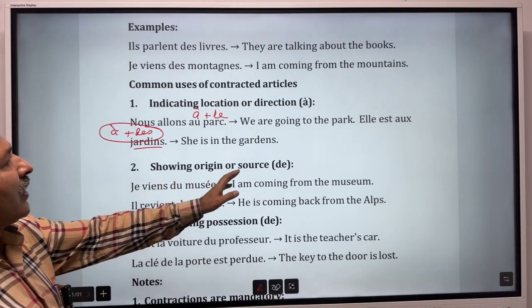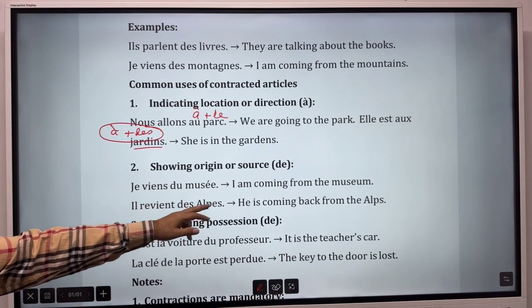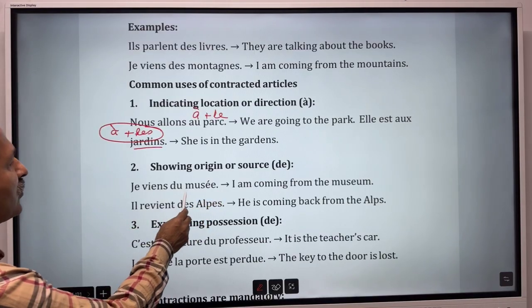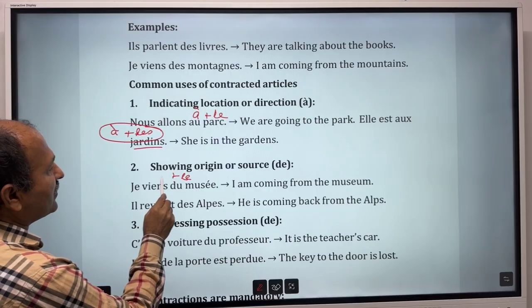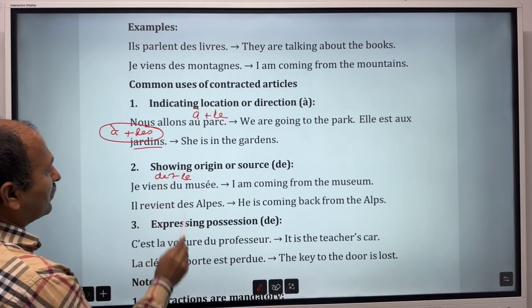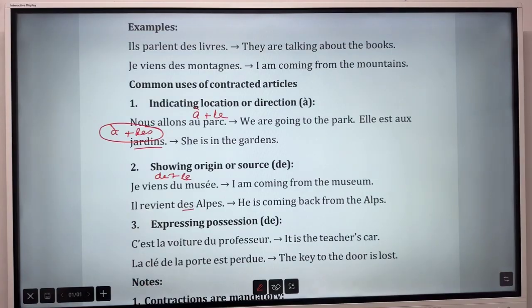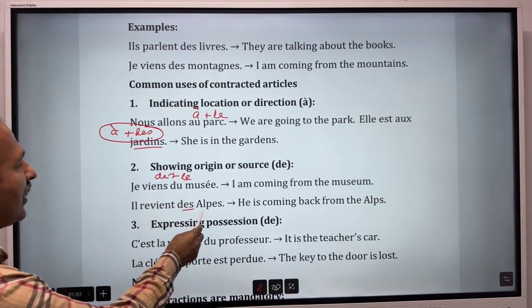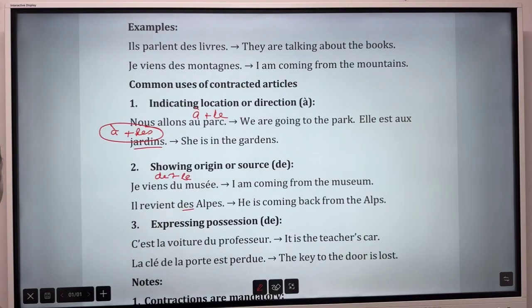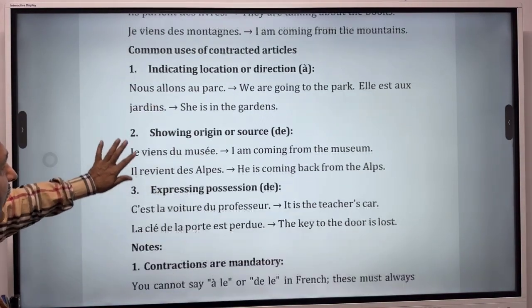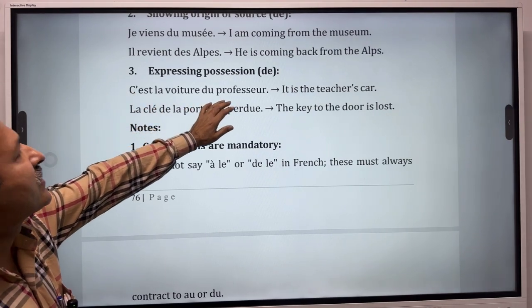Showing origin or source, de is used, like je viens du musée. I'm coming from the museum. Musée is masculine singular, so it takes the definite article le. When it combines with de, it becomes du. Elle revient des Alpes. She is coming back from the Alps. Alps is plural, that is why des. Then next point is expressing possession: c'est la voiture du professeur.